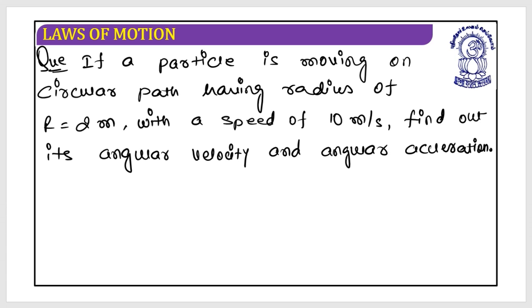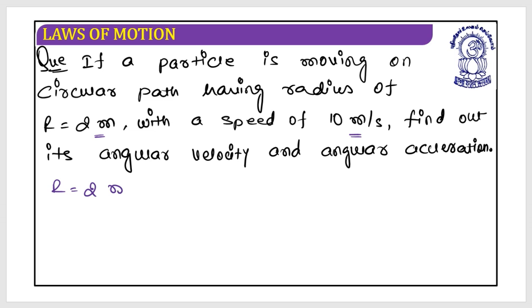Yes. Did you do it? Okay, let me help you. What is given? The speed is given, and that has been given as 10 meter per second. Even the radius is given.